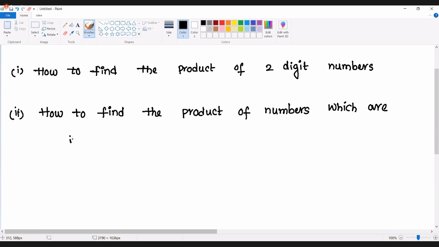What is the property? Their leftmost digit is the same, and the sum of the remaining numbers is equal to 10. This is the property the numbers should follow.